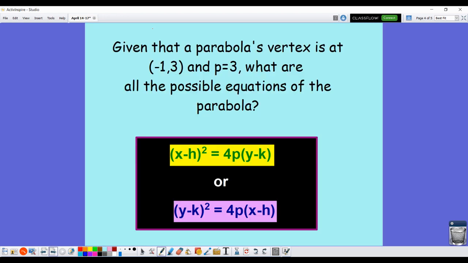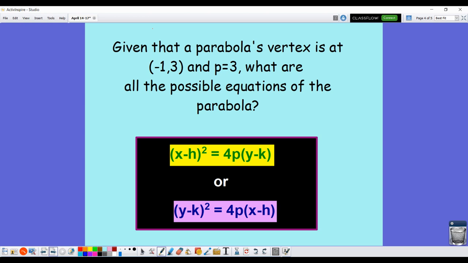The last thing I want to talk about today is when we're given certain information and we're asked to create possible equations. So given that the parabola's vertex is at -1, 3, and that the p-value is 3, we are being asked what are all the possible equations of the parabola. Now you need to think about the fact that we have parabolas that open up, down, right, and left.